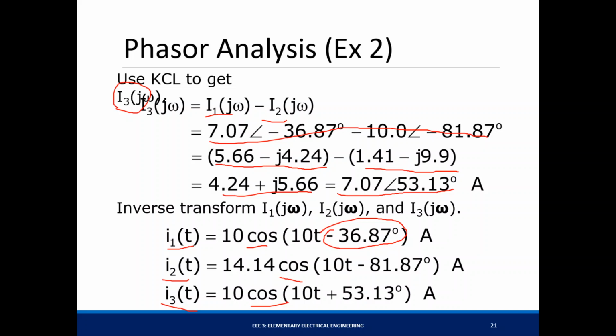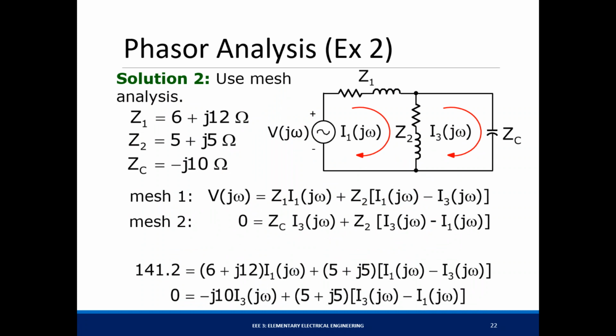That's solution number 1. Solution number 2 is this. You can do mesh analysis and assign I1 in this loop and I3 in this loop. So evaluating mesh 1, that's V of j omega equals Z1 times I1 plus Z2 times I1 minus I3.